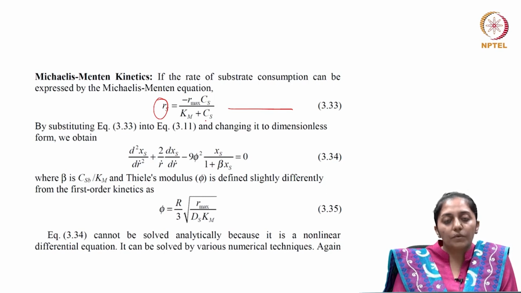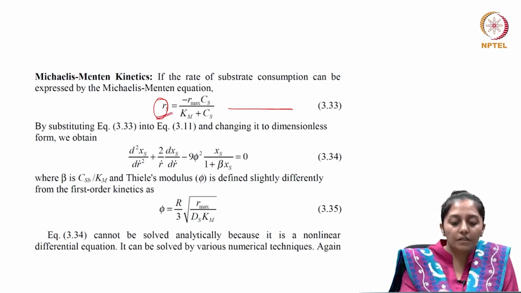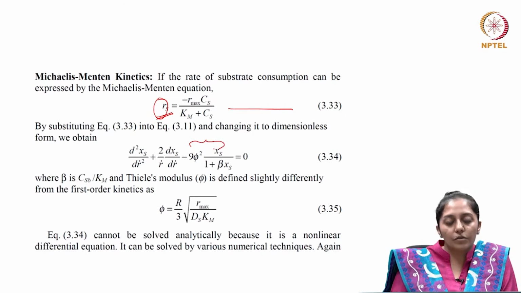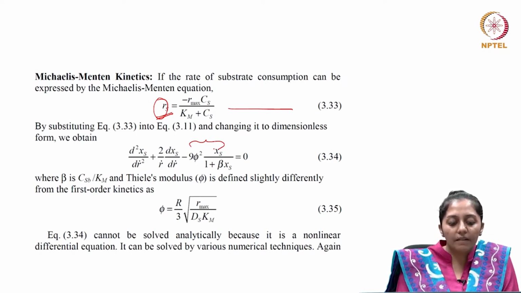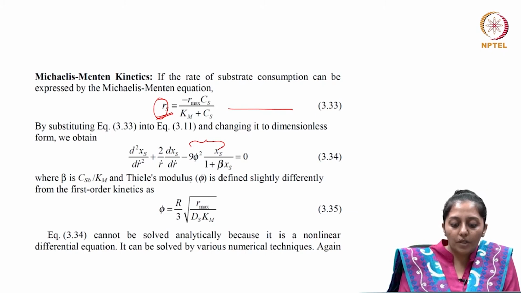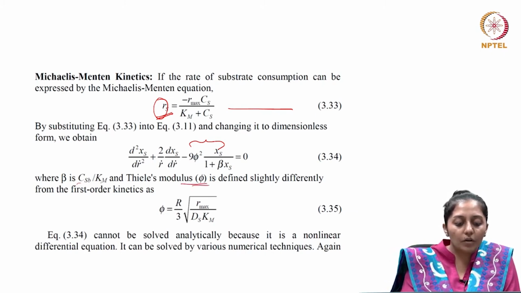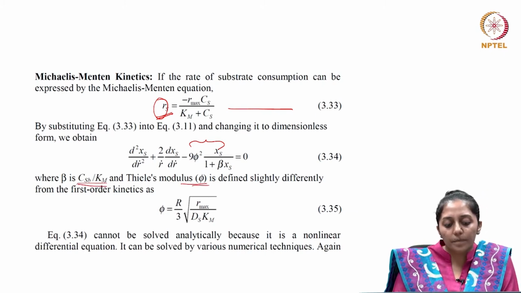Now, substituting in place of the reaction rate here, and also changing the Cs and the R in terms of the dimensionless variables Xs and R dot, we have the Thiele modulus and an extra constant called beta, which is defined as Cs_b by Km. Km stands for the Michaelis-Menten constant.